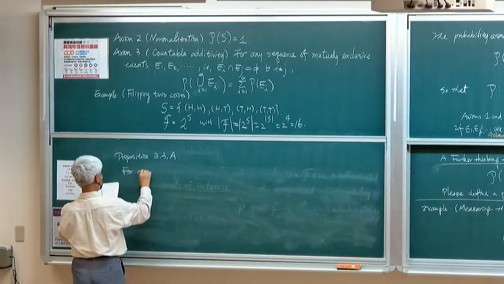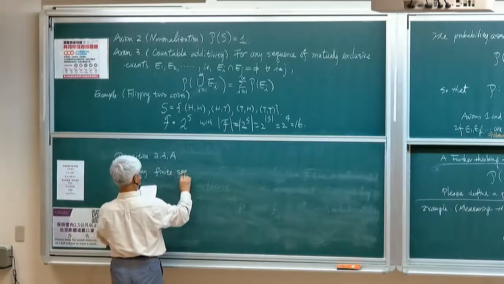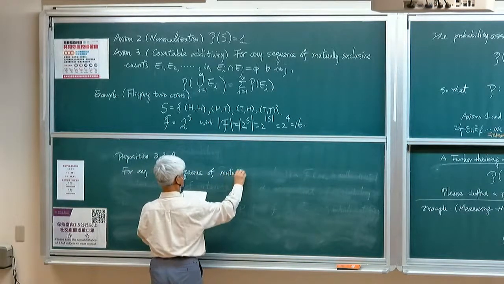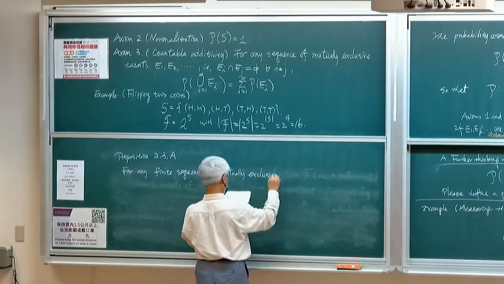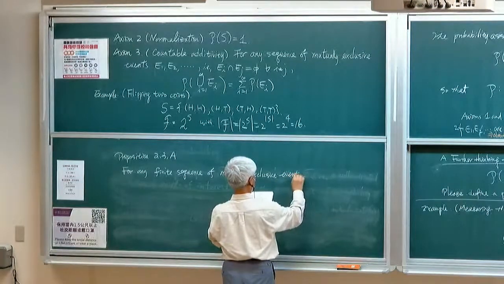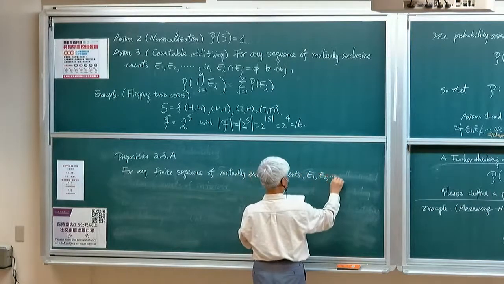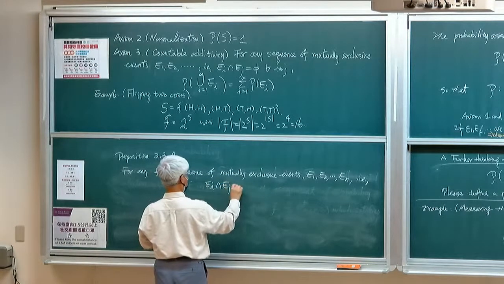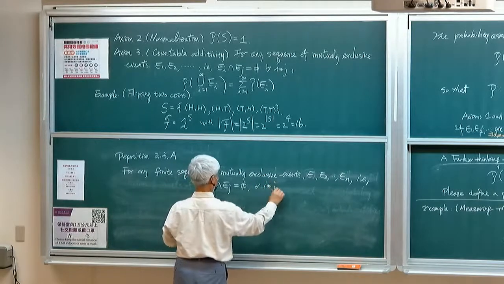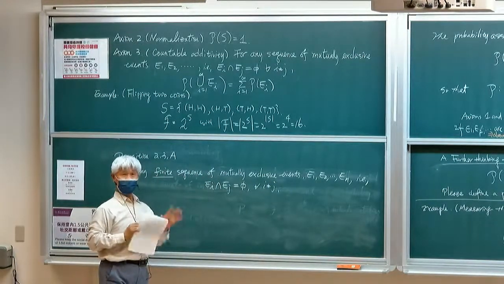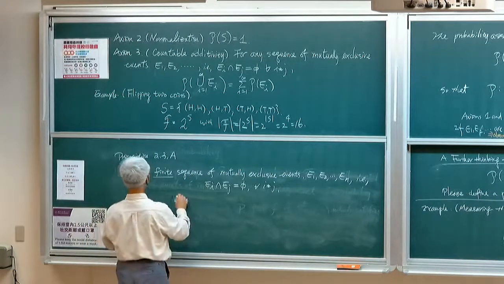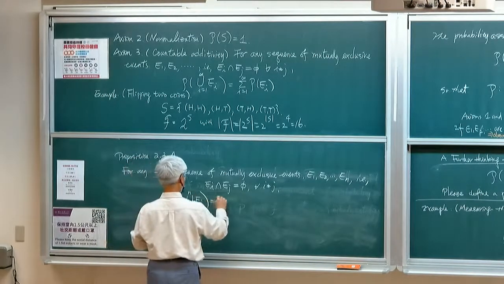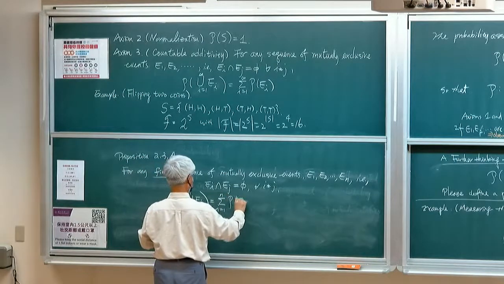So for any finite sequence of mutually exclusive events, say E1, E2, up to En, i.e., Ei intersect Ej is equal to the empty set for all i not equal to j, but we have only a finite number of events here, then the probability of the union i from 1 to n of Ei is equal to the summation of the probability of Ei.